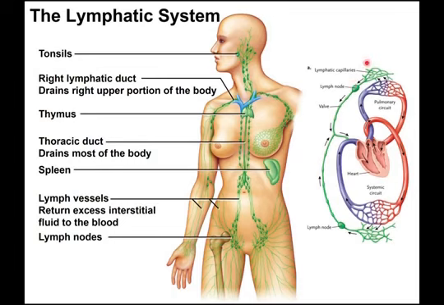Together with that, you have also the thymus here, which is located basically below your thyroid, right above, in between your lungs. Your lungs will be right here. And this is a place of maturation of other cells of your immune system, which are T cells. Together with that, you also have the spleen here, which is on the left side of your stomach. Your stomach will be right here.